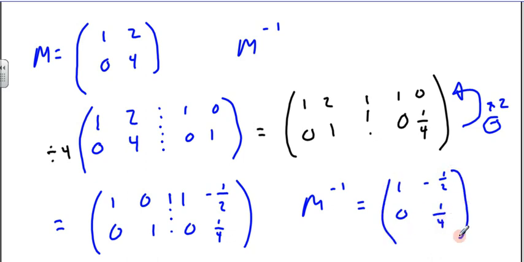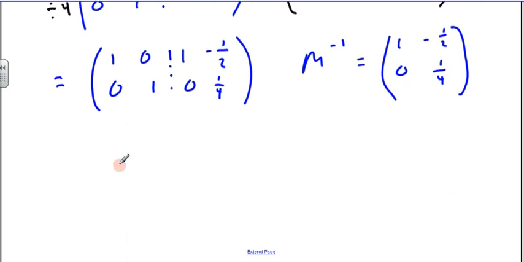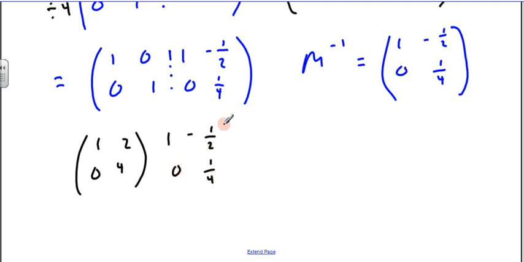And you say, well, thus says you. What makes you think that? Okay, well, we'll go and look and see. We've got 1, 2, 0, 4, and we multiply it by 1, minus 1/2, 0, 1/4. And what we're supposed to get is the identity matrix.